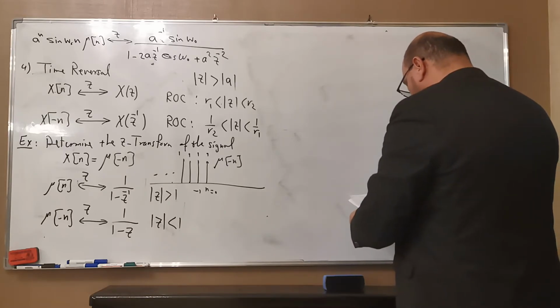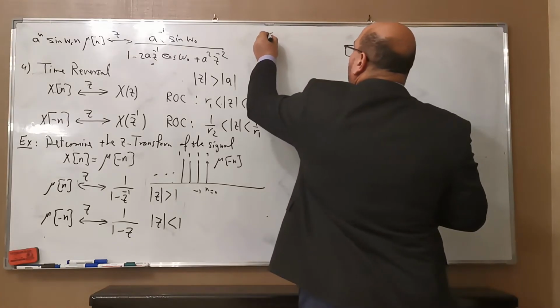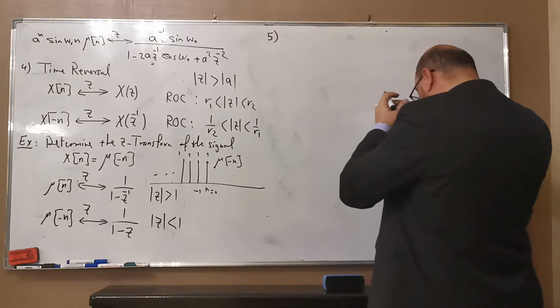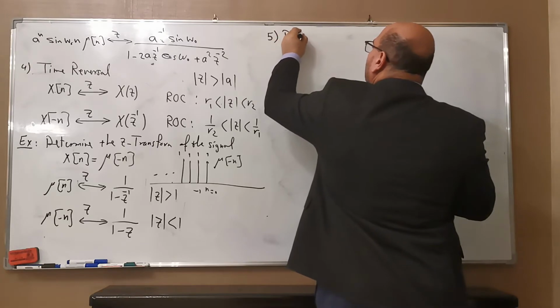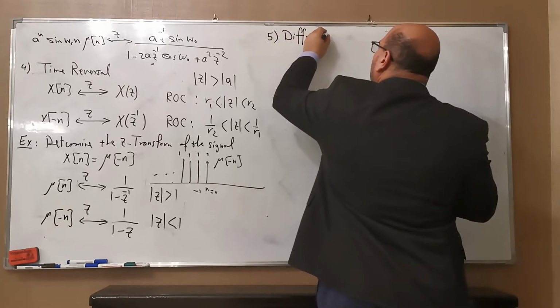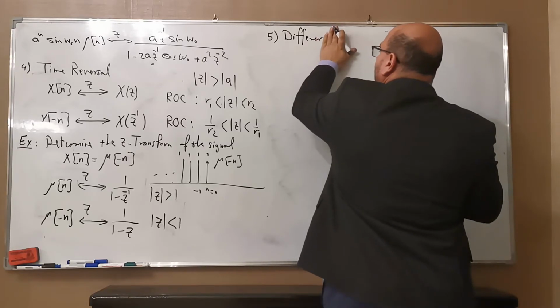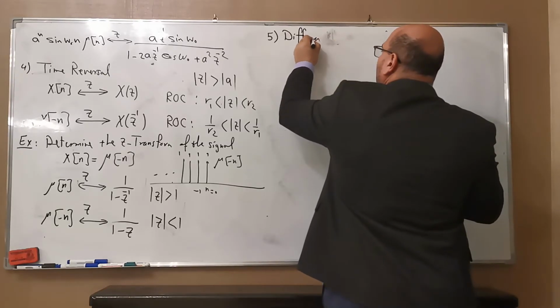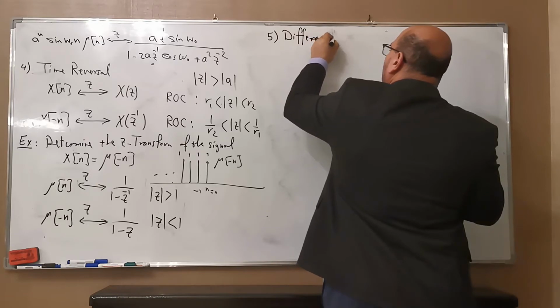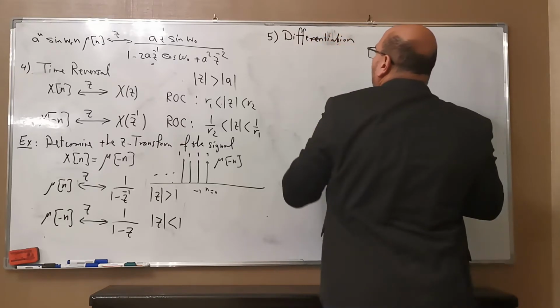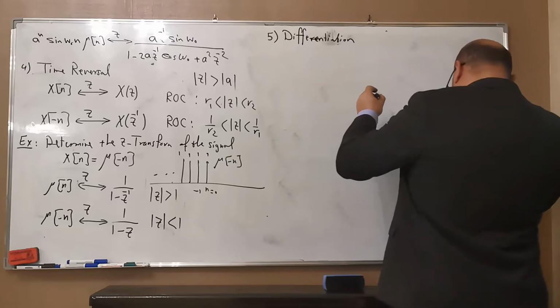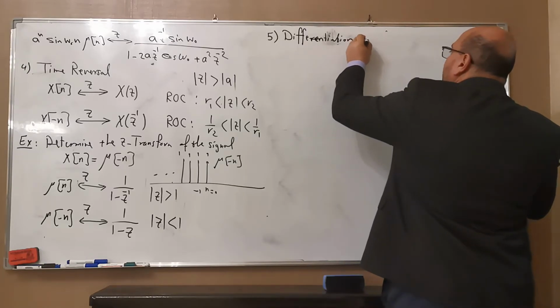Okay. Property number 5. Differentiation in the z domain.